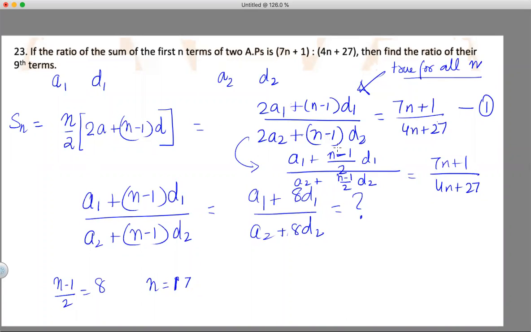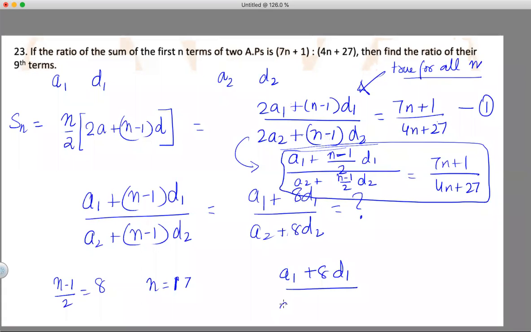This equation is always true, it is not a conditional equation, so it will be true for all values of n. So I can put n as 17 here. We will get a1 plus 8d1 by a2 plus 8d2.